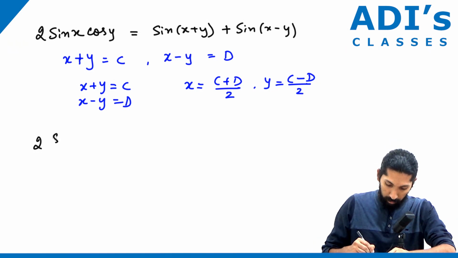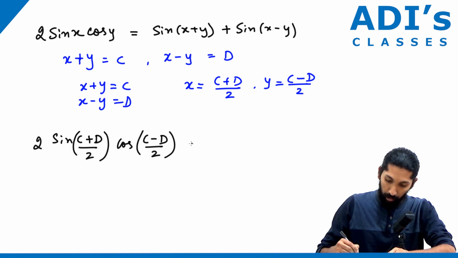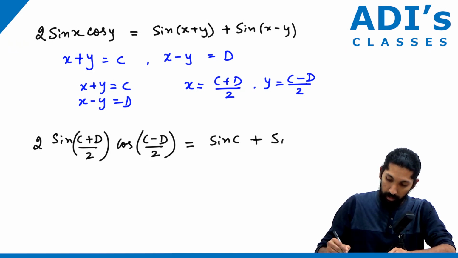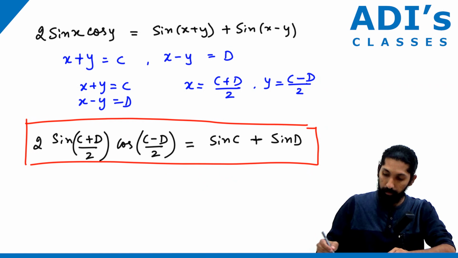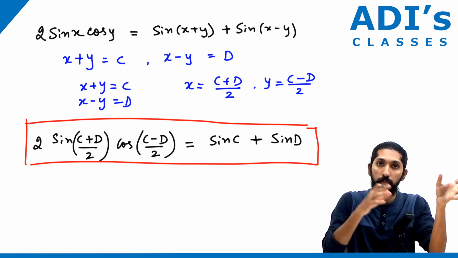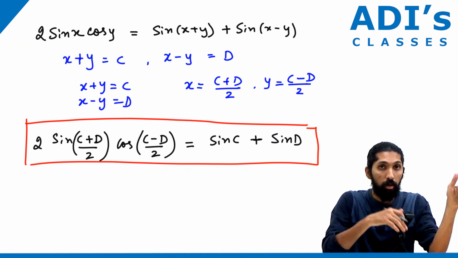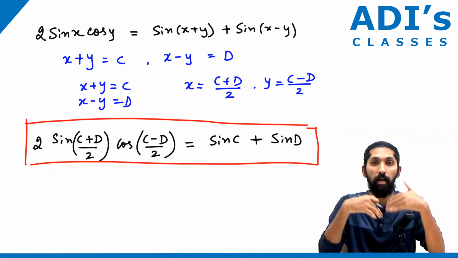So we get 2 sine (c plus d) divided by 2 into cos (c minus d) divided by 2, equal to sine c plus sine d. This is going to be one of the transformation formulas. That means sine c plus sine d is 2 sine (c plus d) by 2 cos (c minus d) by 2. I try to avoid x and y here because we are already using x and y.